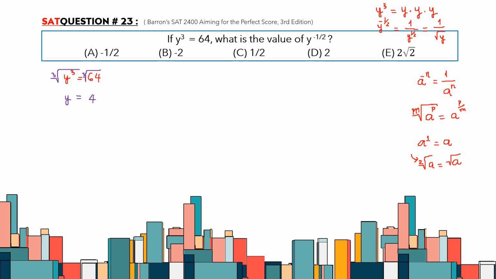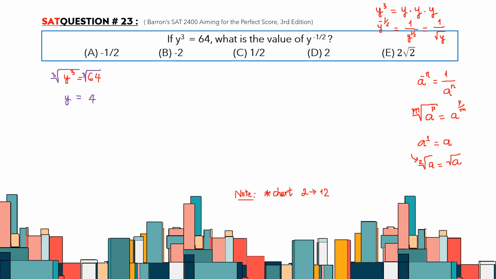And how do we know y is 4? To do well on this test, we need to know the multiplication chart from 2 to 12.